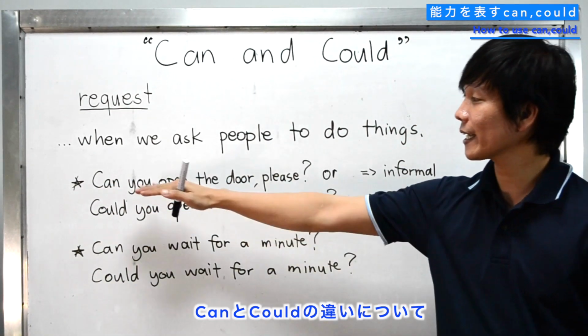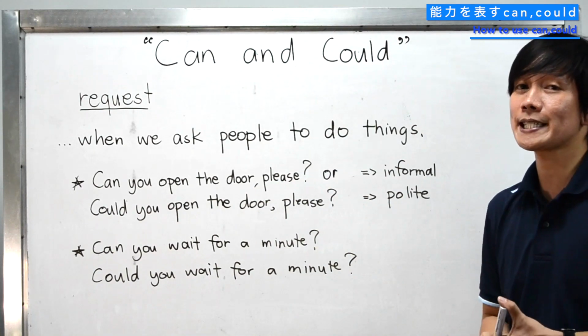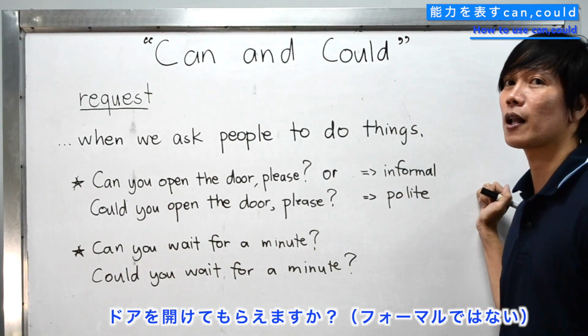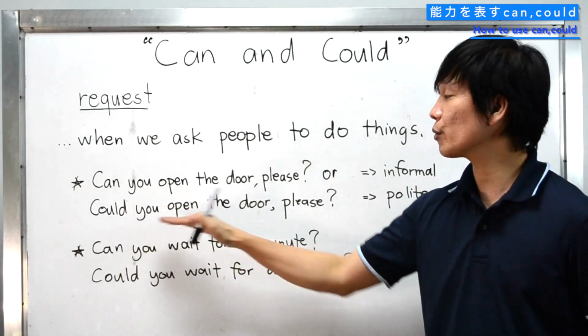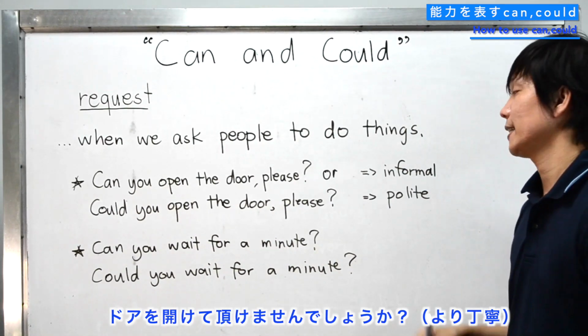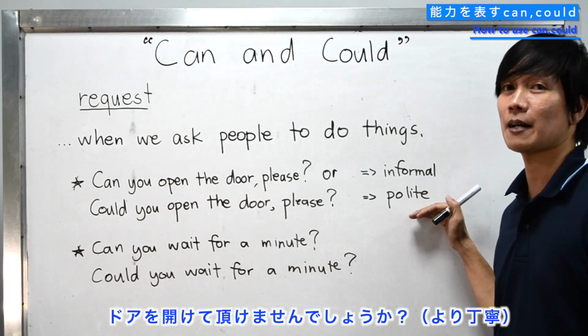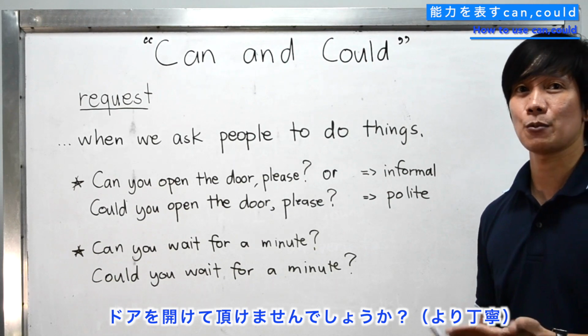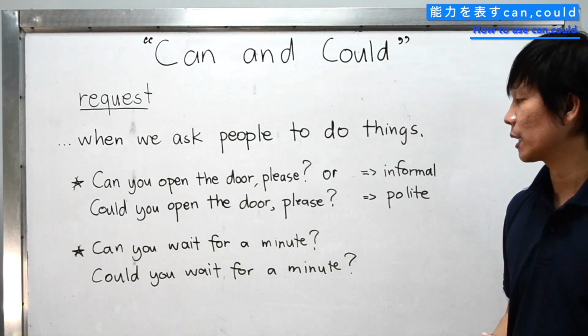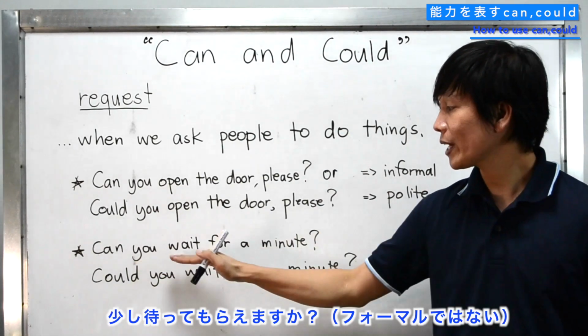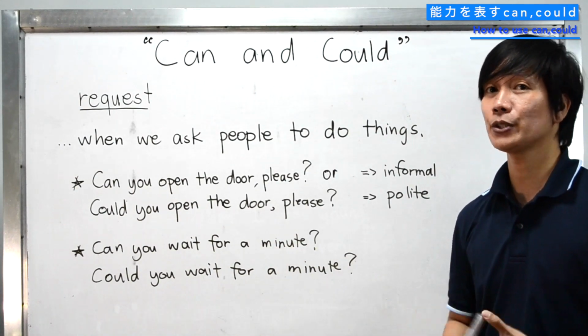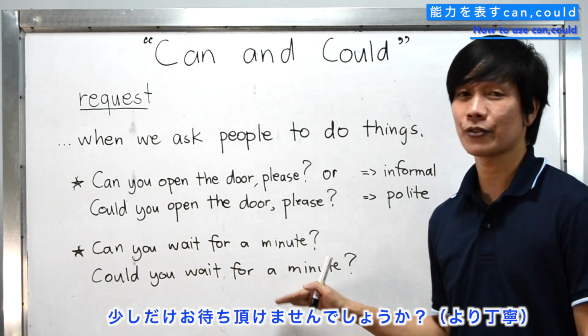When we say, can you open the door please? That is informal. And when we say, could you open the door please? That's more of a polite manner of asking someone to do something for you. Another example, can you wait for a minute? You can also say, could you wait for a minute?